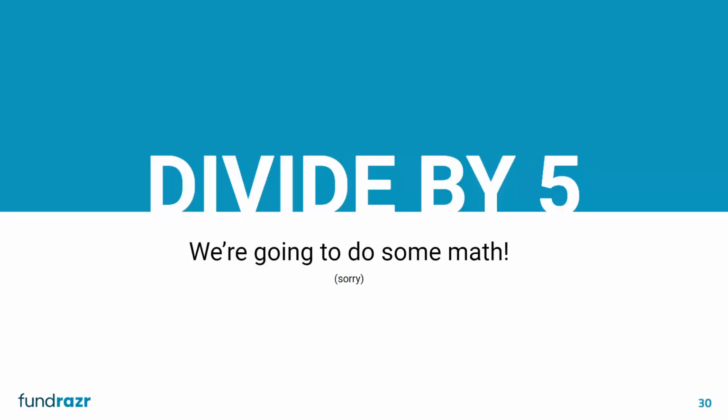So the best way to do this is what I call the divide by 5 rule. This does involve some math, but it's very easy math. The divide by 5 rule is a very, very general rule to see if you have the audience that you need to fund your project. So what this means is the audience that you have, are they likely to view your campaign, and are they likely to donate to your campaign?